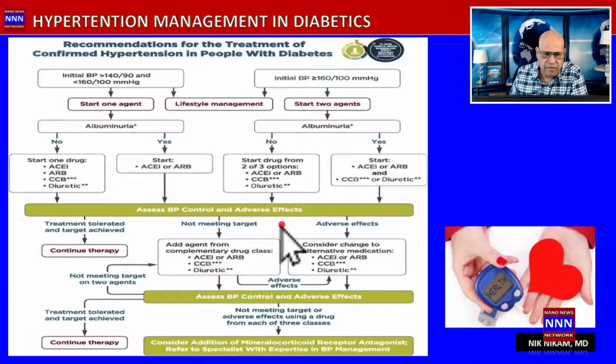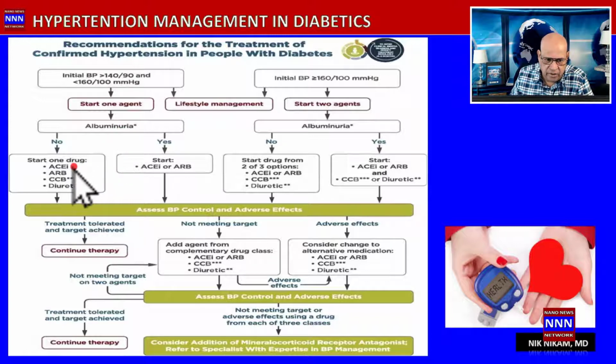Now let's talk about recommendations for treatment of hypertension in a diabetic patient. First of all, we monitor the blood pressure. If the blood pressure is greater than 140 over 90 millimeters of mercury and less than 160 over 100 millimeters of mercury, we start them on one agent. We check for albuminuria, we get their EKGs, we get their echocardiograms and all the cardiovascular studies.